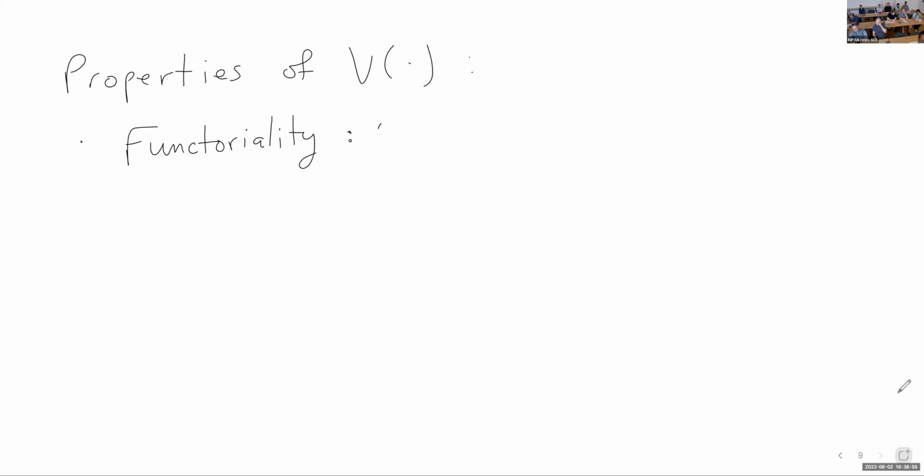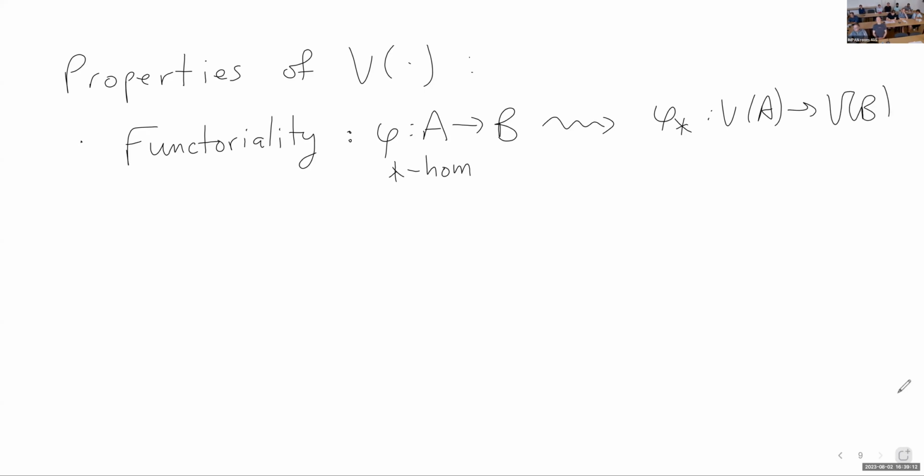If I have a star homomorphism phi from A to B, this gives me a semigroup morphism, let's say phi star. By definition, you just send the class of P to the class of phi of P.